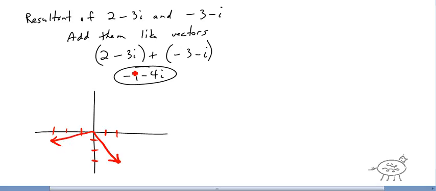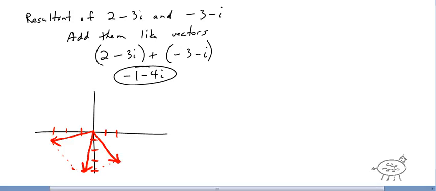And my resultant, just to show you, is negative 1, negative 4i, right there. That is my resultant vector. And you can see, if I drew the parallelogram here, that's the resultant vector of the 2 minus 3i and the negative 3 minus i.